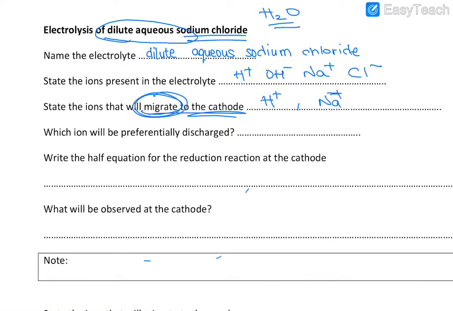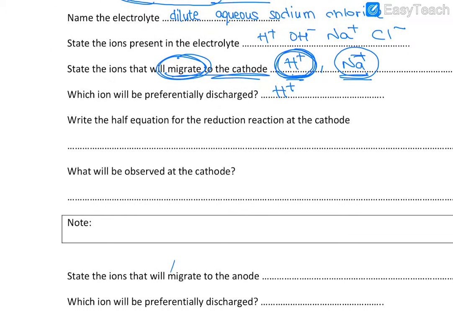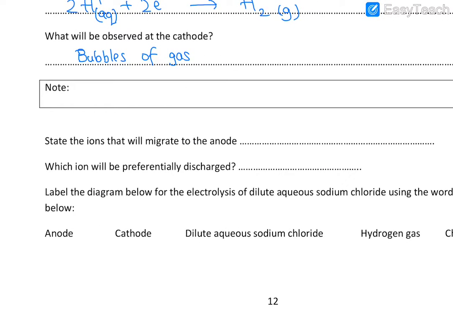Be careful, it's not asking you which one gets discharged, it's asking you which one migrates. So between Na+ and H+, it's H+ that gets preferentially discharged. Na+ is not going to be discharged in the presence of H+. So H+ is going to get reduced, gain electrons, and form hydrogen gas.